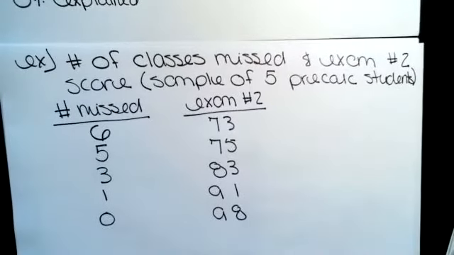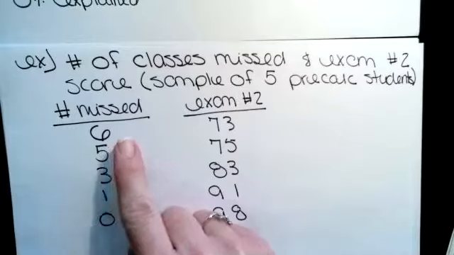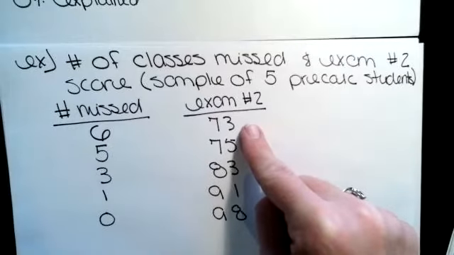So the first thing we need to do, before we calculate anything, I need to know which one of these is going to be X, my explanatory variable or my predictor variable, and which one's Y, the response variable. So we want to make sure we pick that out first. Do you think that the number of missed classes can predict someone's exam 2 score?